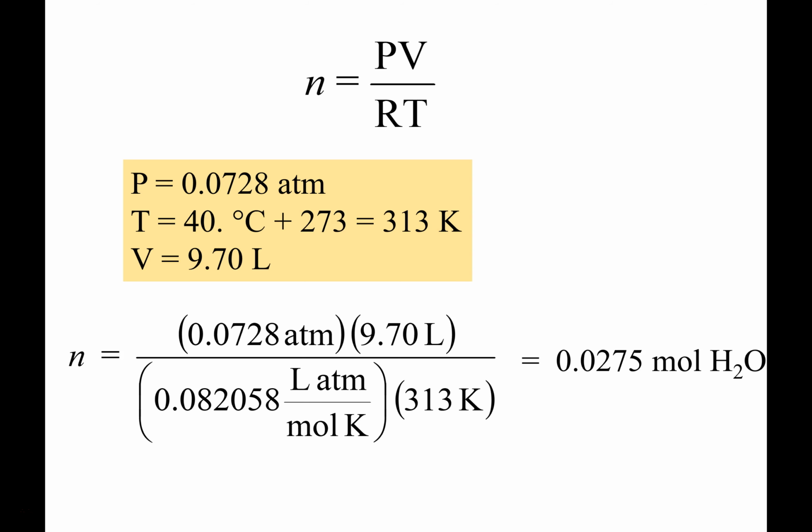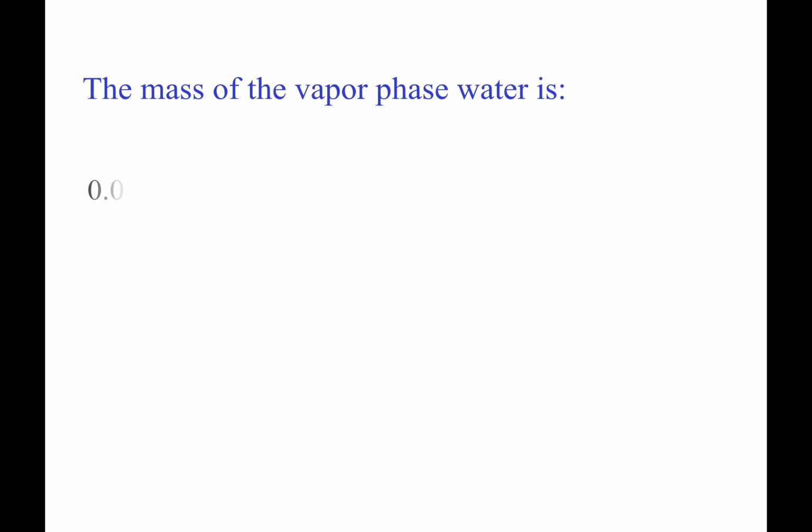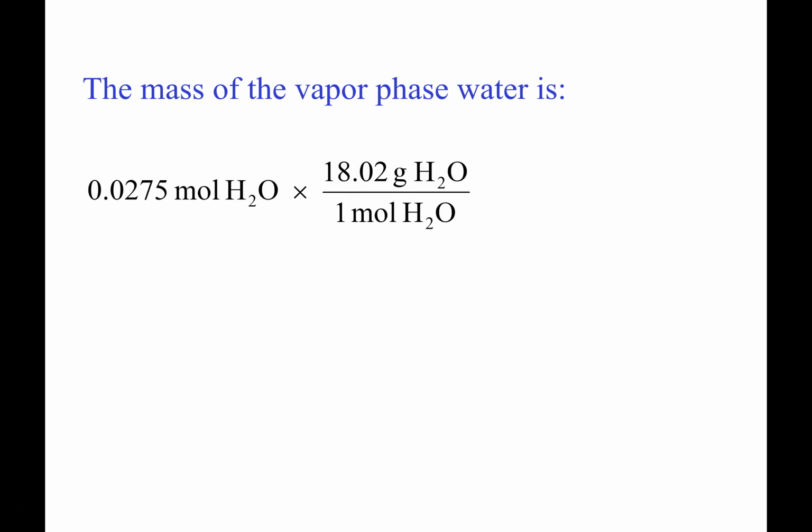We can't really compare the moles directly to our grams. We're going to have to convert moles to grams and then compare. What's the molar mass of water? 18.02 grams per mole. Got it. So we take 0.0275 moles of H2O times 18.02 grams of H2O per 1 mole of H2O.